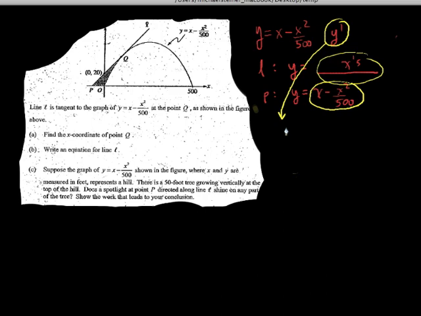We're going to be able to find the slope of that tangent line, and we also have a point on that line. We have the point 0, 20, and from that we're just going to use point slope form for the equation of a line.